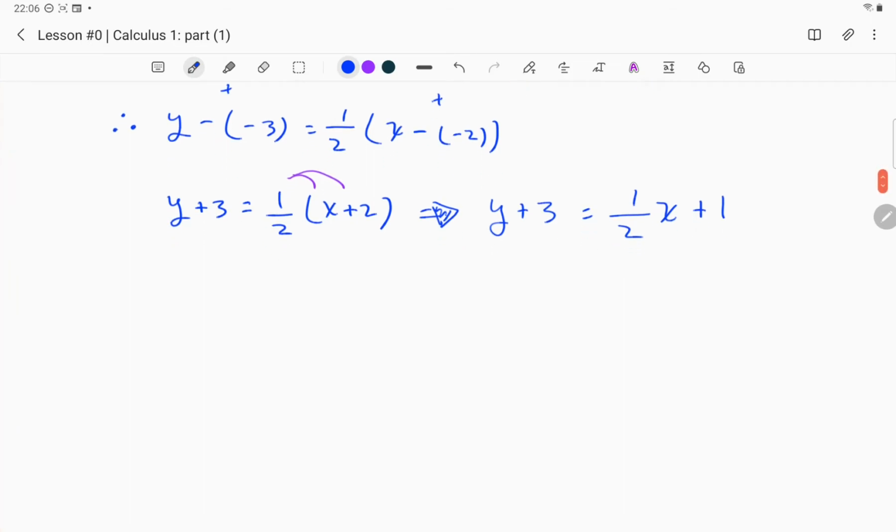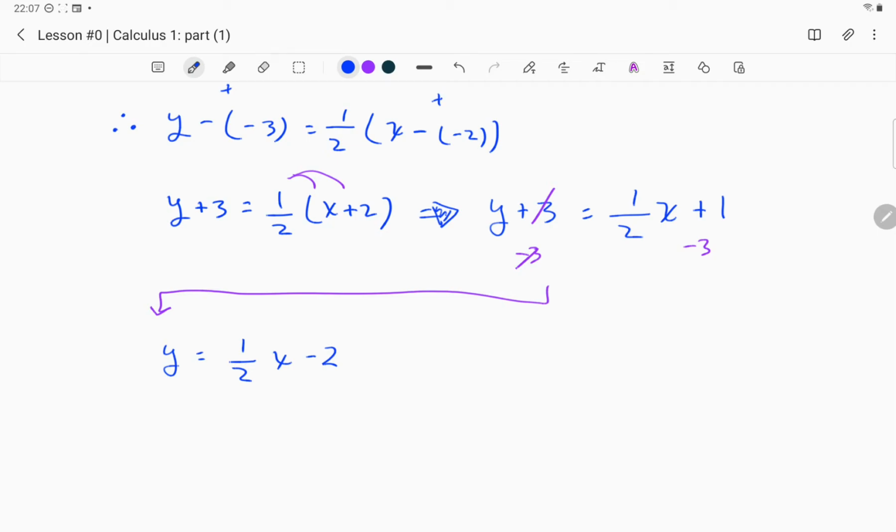And then you want to solve for y again. So the -3 goes with that. Let's bring this back right here: y equals half x plus, at this point, -2.